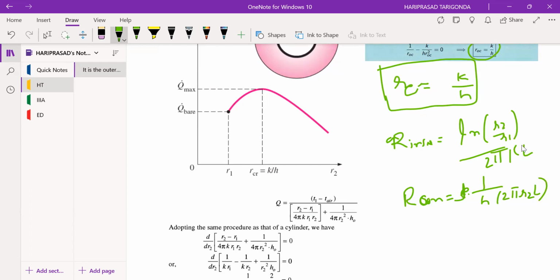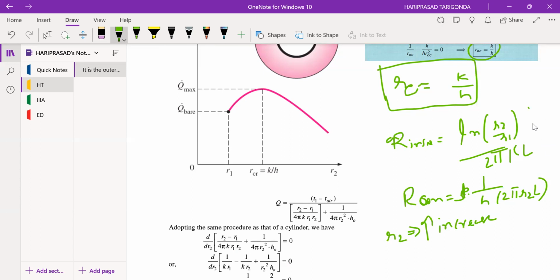So if you keep on providing insulation, this R2 value increases. When you keep on increasing the insulation, the outer radius goes on increasing. So when you increase this value, R insulation will be increasing because it is in the numerator.